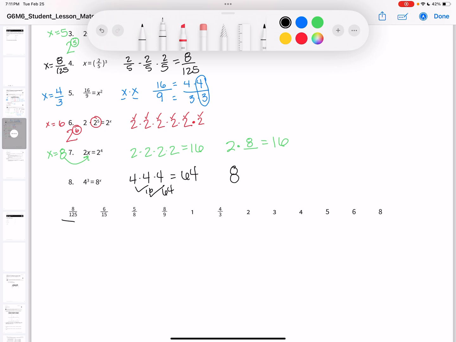So 8 to what power equals 64? Well, if you know your multiplication facts, you know 8 times 8 equals 64. So that x has to equal 2. So 8 to the second power, or 8 squared, is our answer. So x in this case is 2.